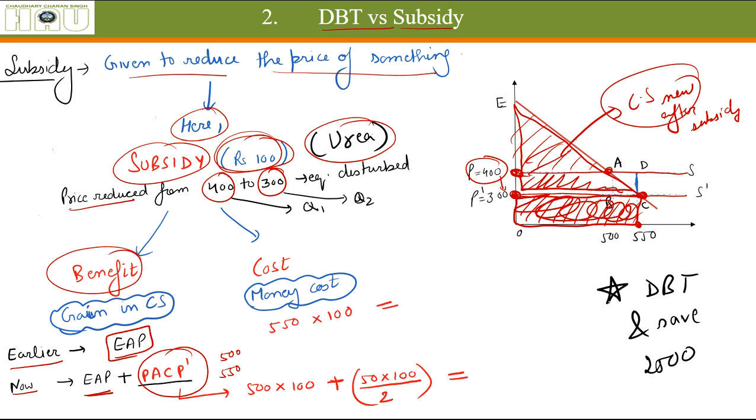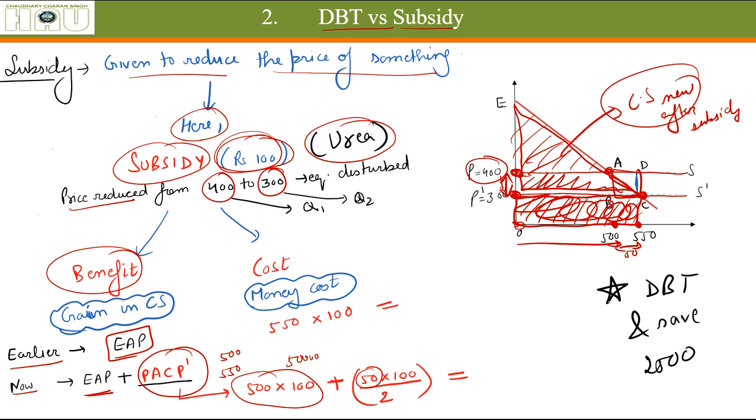This is the benefit, that the consumer surplus has increased. Let's quantify it. 500 units into 100 rupees is equal to 50,000, plus this triangle area, where an additional 50 units are being bought now due to the reduction in price.